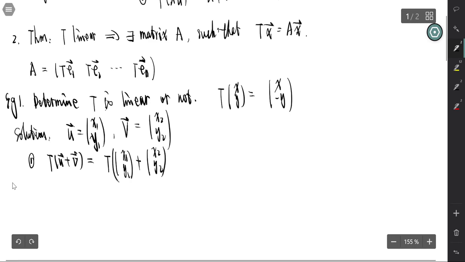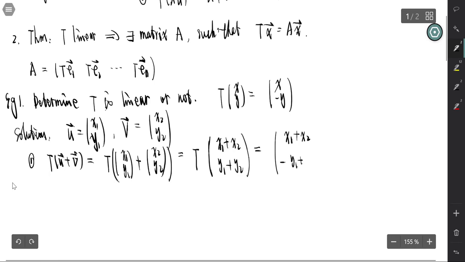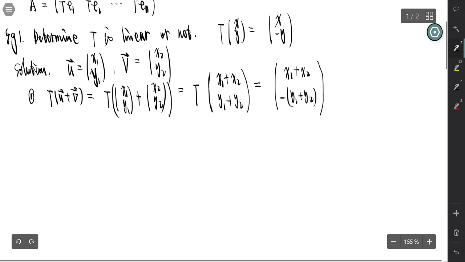First, we add them together, then take the transformation. So that is T(x1 plus x2, y1 plus y2). The linear transformation just changes the sign of the second coordinate. So that is (x1 plus x2, negative (y1 plus y2)). That's the transformation of the addition.